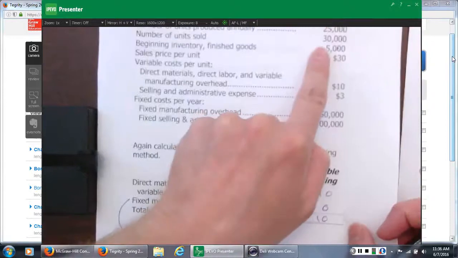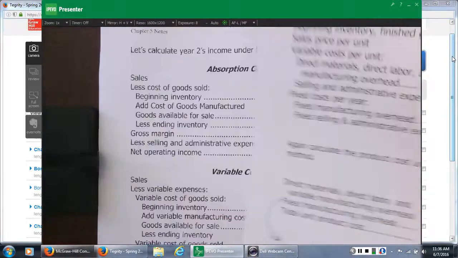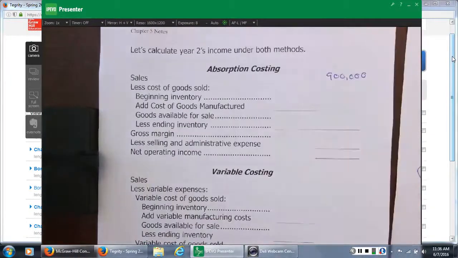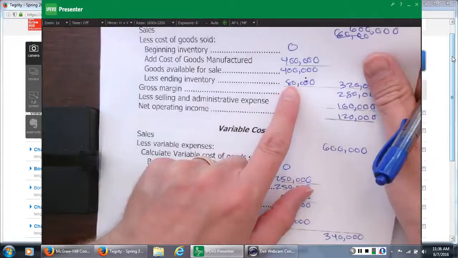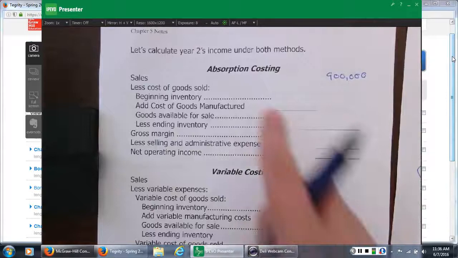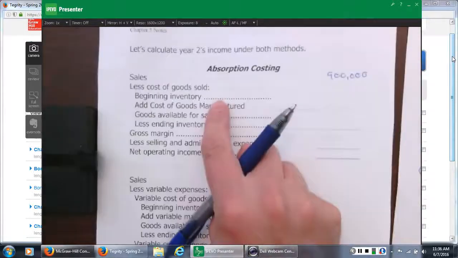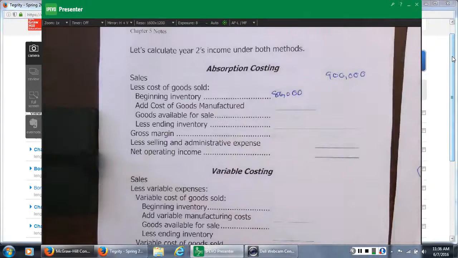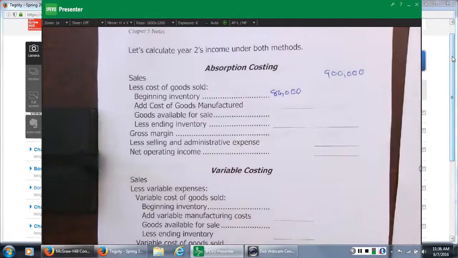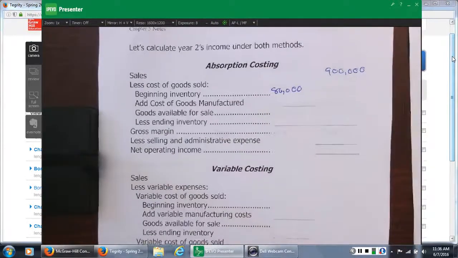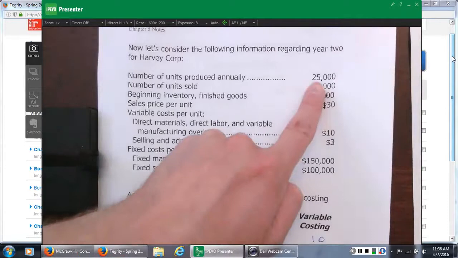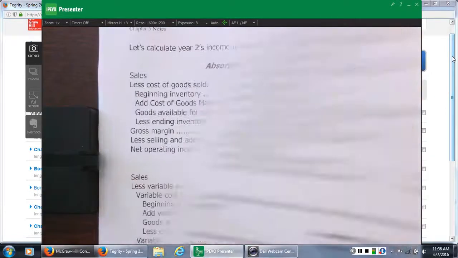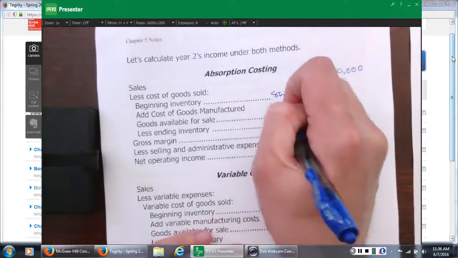We could also look at the end of year 1 to see the value of that ending inventory, 80,000, but that becomes beginning inventory for year 2. So I'll just put the $80,000 there. Add in our cost of goods manufactured, and it says right here for year 2, we made an additional 25,000 units. 25,000 units times the 16 is our 400,000.